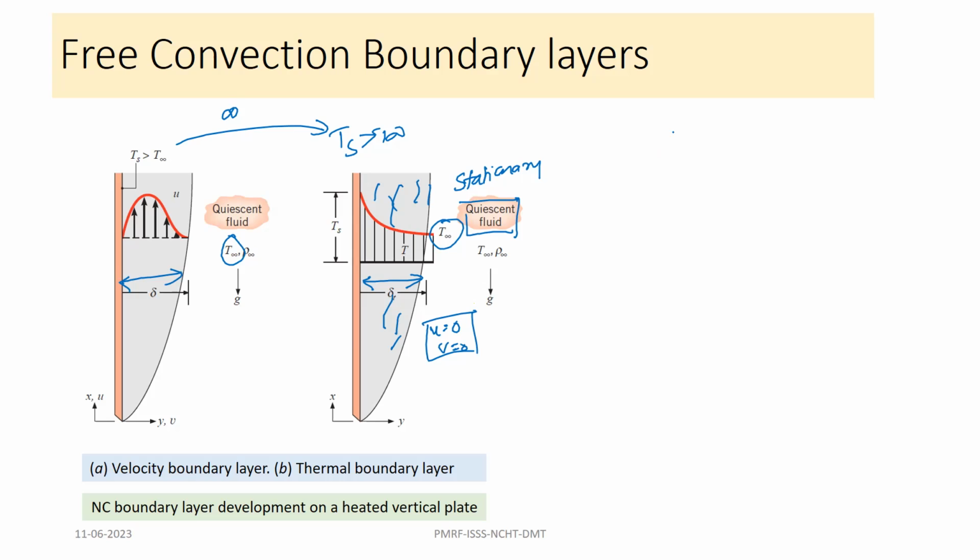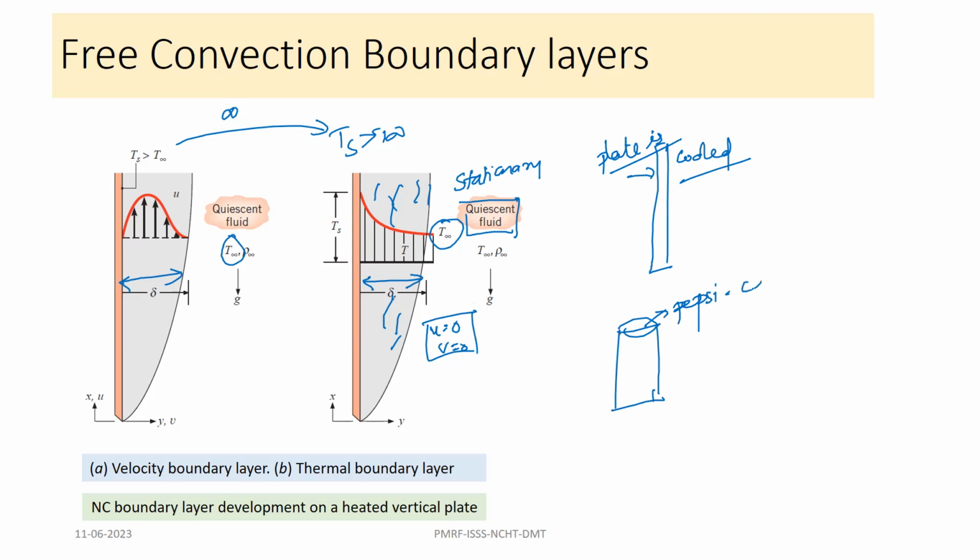In the further discussion, let us see what will happen if the plate is cooled. Just think about that. What will happen to the boundary layer if this plate is cooled? Maybe you are keeping a Pepsi can.